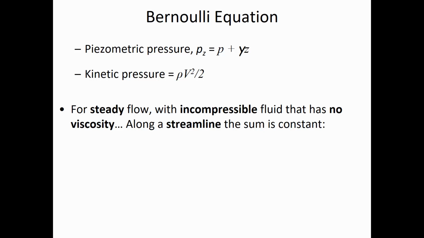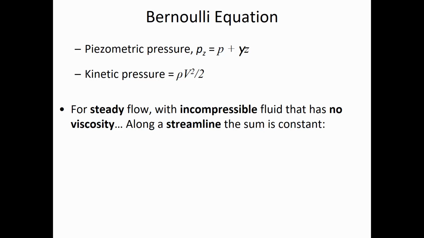What I showed you the first time we looked at it, all of the units were in terms of meters, because we had pressure head, elevation head, and velocity head. Each one of them, when combined, was in terms of meters. Now here, each of the terms is going to be in terms of newtons per meter squared. And that's the units of pressure.